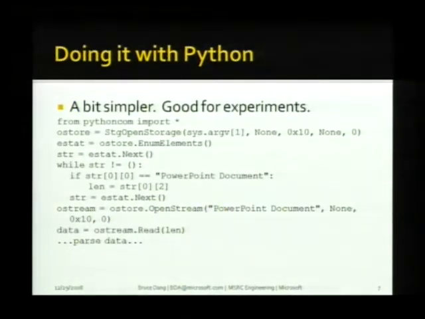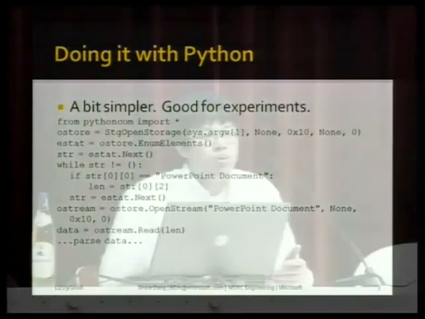Python has a package called PythonCOM, which is a port that calls the Win32 API, so it has the same function names. You pass the file name, enumerate elements, and it passes you back a list. You iterate through it, and you read or write from it, whatever you want. And that's it. Is there a question?